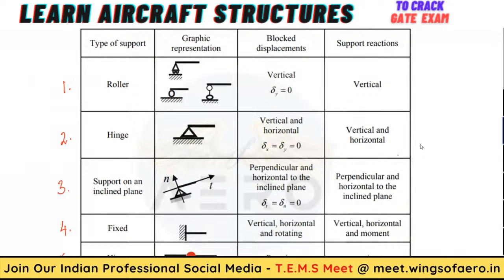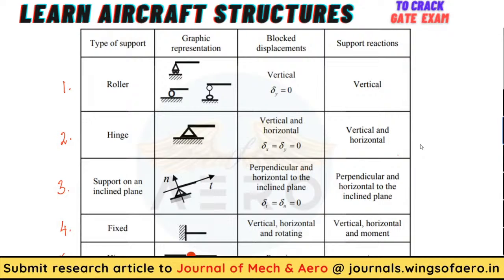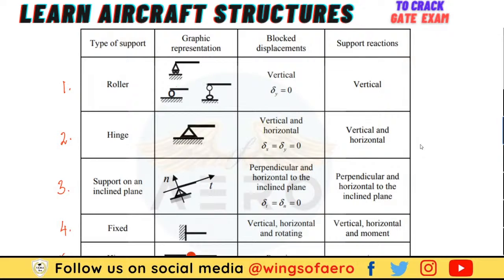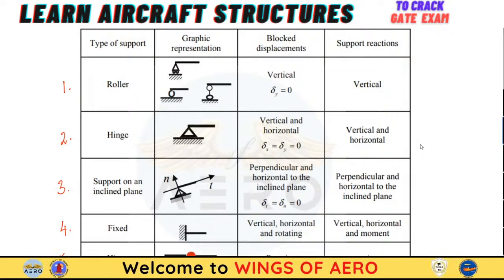This is very important. You need to identify the type of support. Once you know the type of support, then only can you proceed forward. In your exam paper, they can give you different kinds of rollers and different schematic or graphical representations.